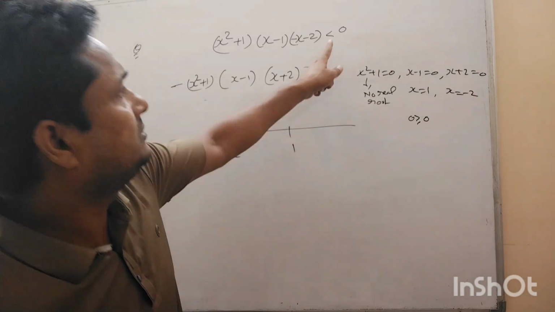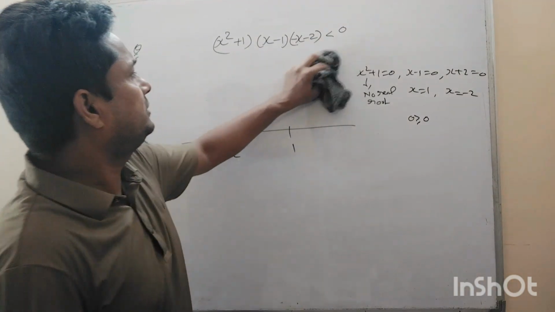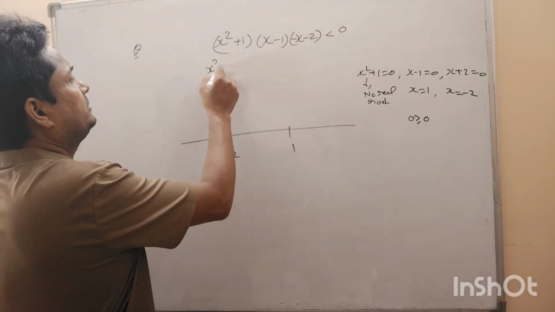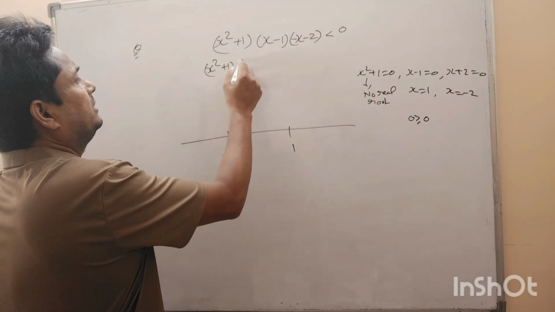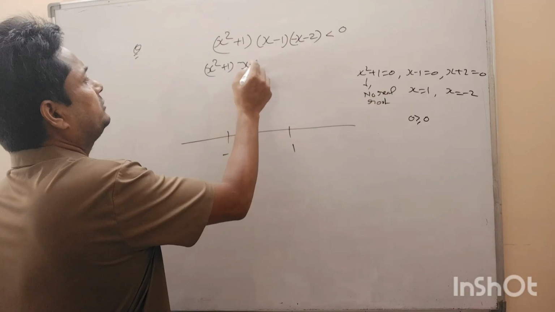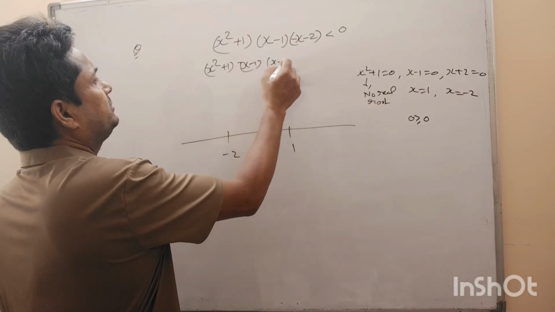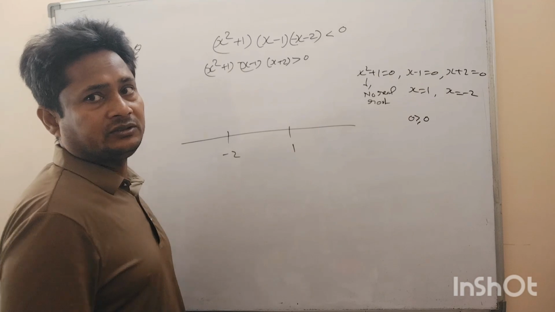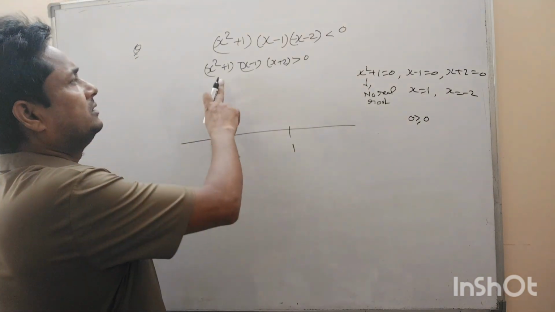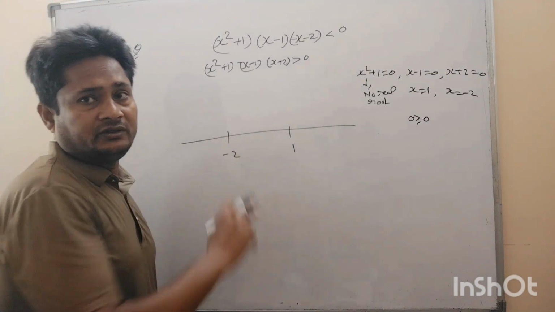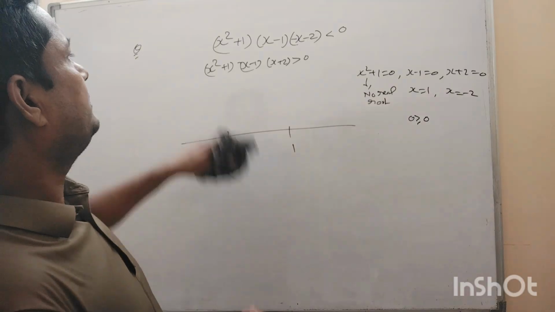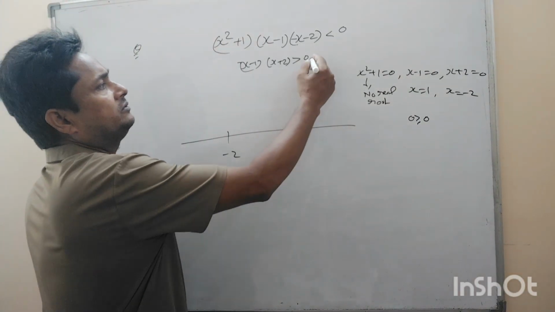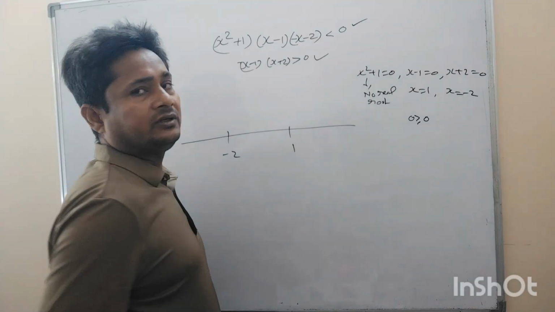If we want to solve this inequality, this will be x square plus 1 and x minus 1 into x plus 2, multiplied by the minus sign, greater than 0. Now x square plus 1 is giving non-real roots, so we can leave this expression, and the answer for this one will be the same as the answer for this one.